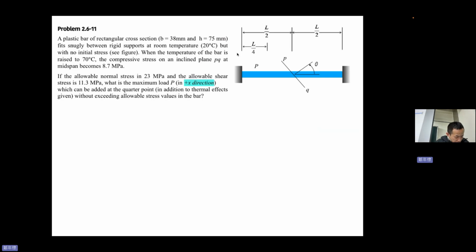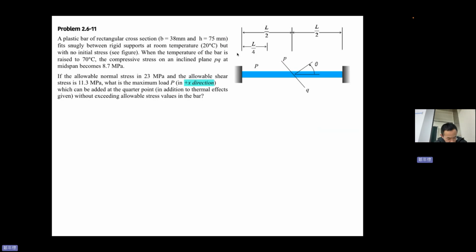At room temperature of 20 degrees C there is no initial stress at the beginning, and the temperature is raised to 70 degrees C. The compressive stress on an incline plane PQ at mean span becomes 8.7 MPa.